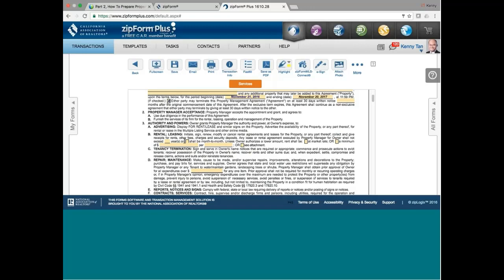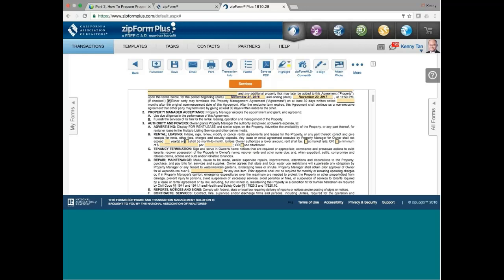Now, this one is talking about authority and powers. What power and authority does a property manager have? The property manager would have the power to advertise and also to initiate, sign, renew, modify, or cancel rental agreements for the property.